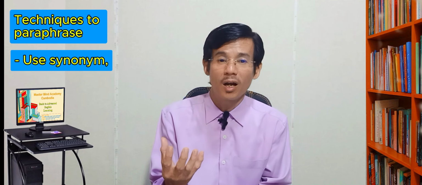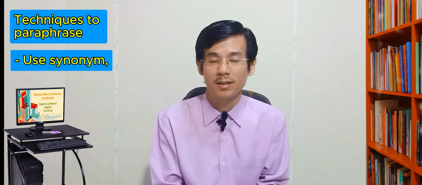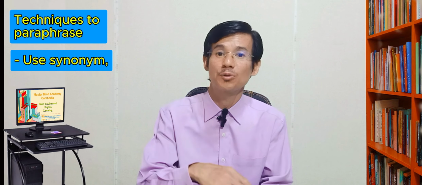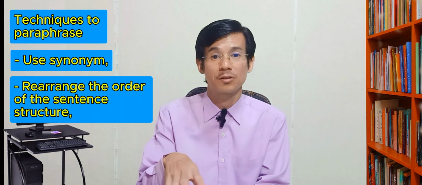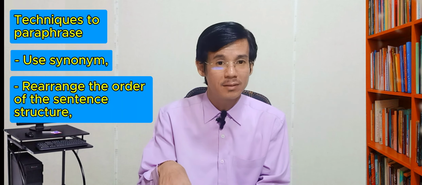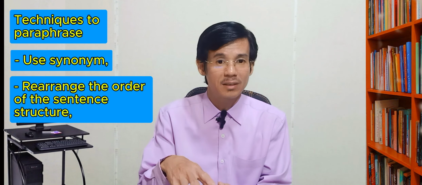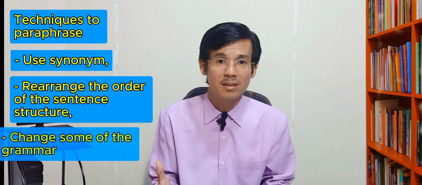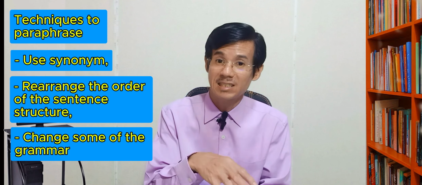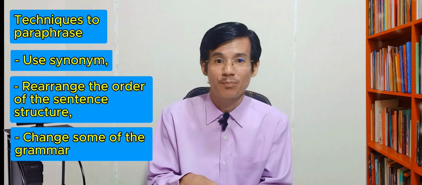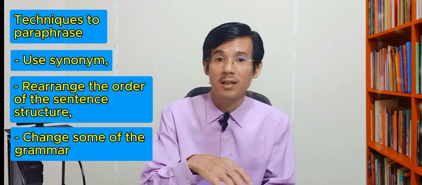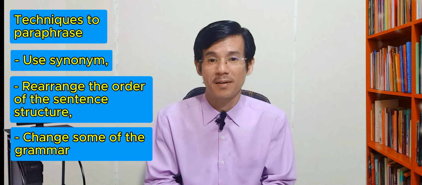That means you use your own word to replace the existing word. Another way is to rearrange the order of the sentence structure. And the last way is that you can change some of the grammar. Okay, so this is the way that you can paraphrase the thesis statement.